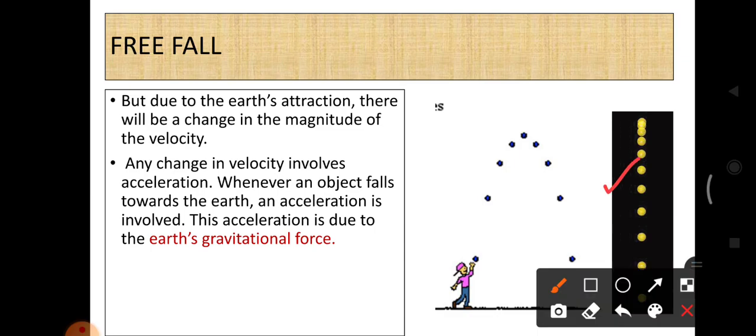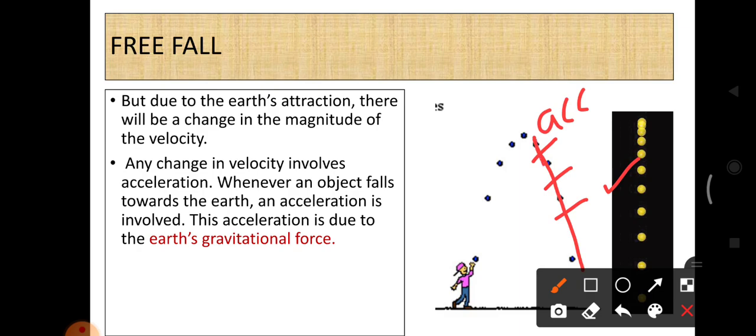Why is the acceleration involved? The direction of the object is not changed, but the magnitude of the velocity is changed. When the magnitude of the velocity changes, automatically the acceleration term is involved. So this type of acceleration is called acceleration due to gravity. Why?